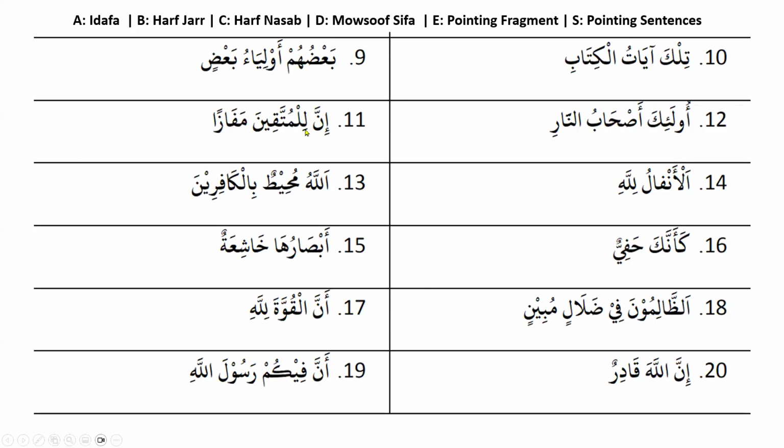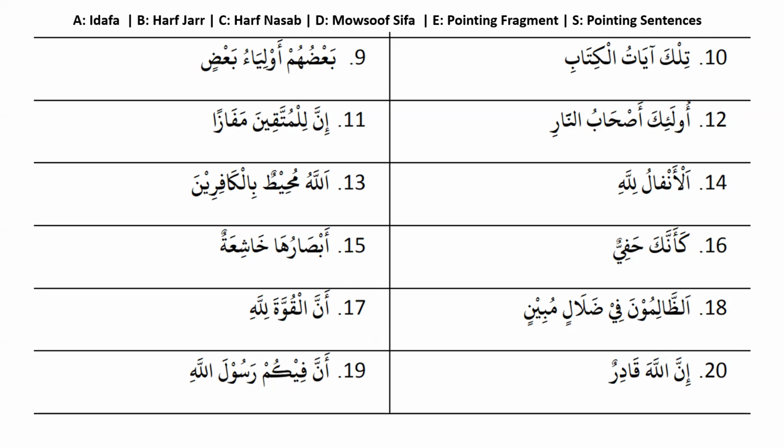Number 11: Innal muttaqina mafaza. Let's see how many fragments, or who can translate this? Mafaza means reward, or a gift, a major gift, a big reward. So certainly a gift for the muttaqin.